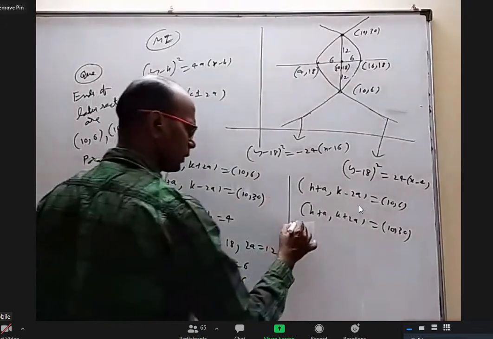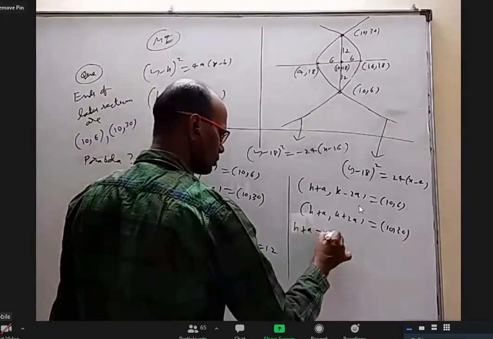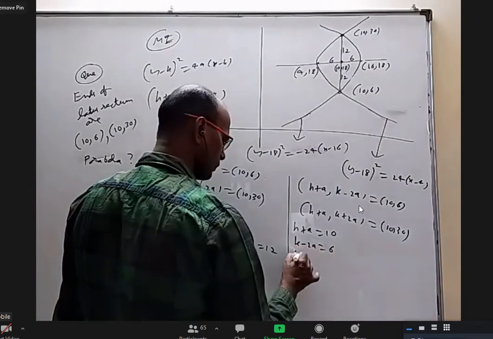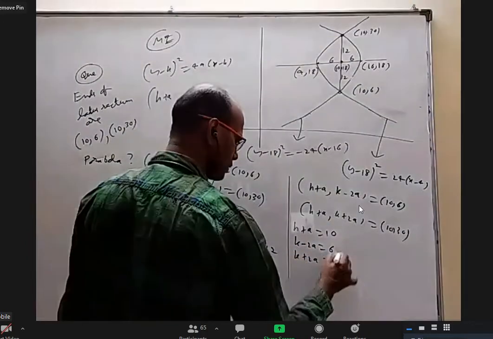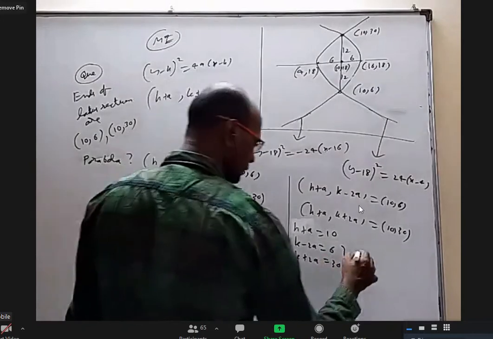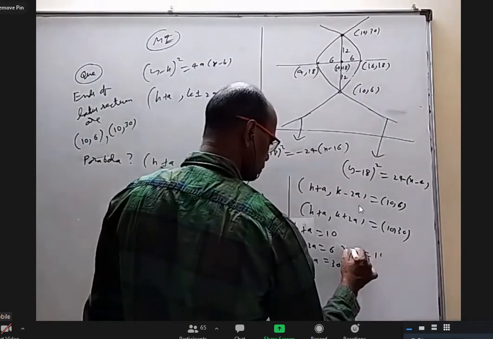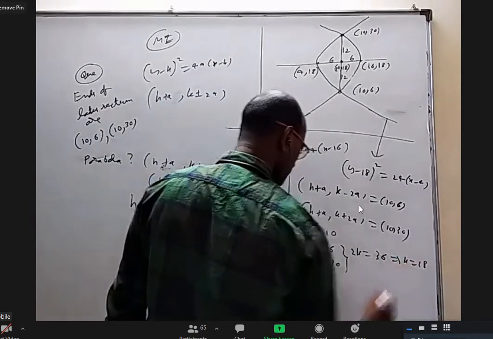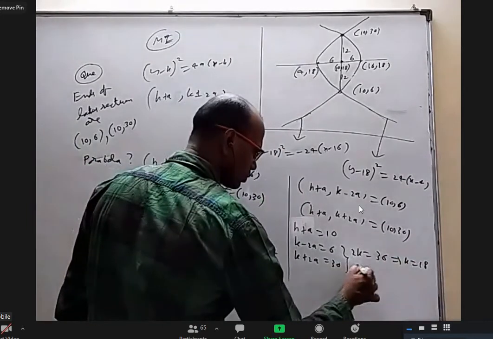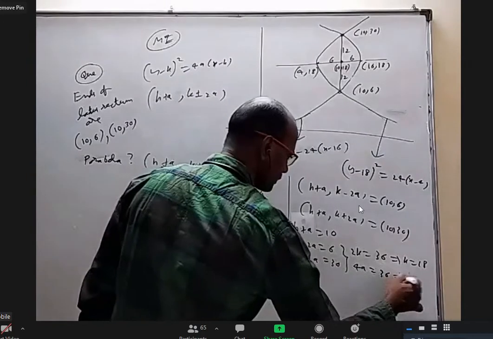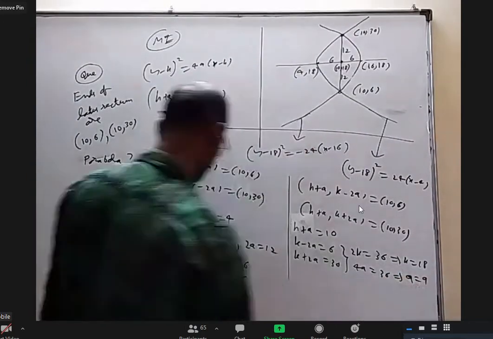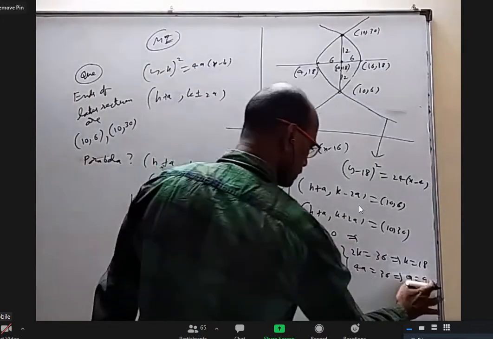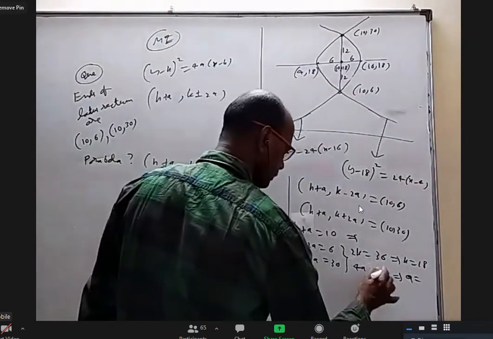Coming to this, h plus a is equal to 10, k minus 2a is 6, k plus 2a is 30. When I add them, 2k equal to 36, k equal to 18. When I subtract these two, 4a is equal to 36, a is equal to 9. Put that, you'll get, no, a equal to 6, down here 24.